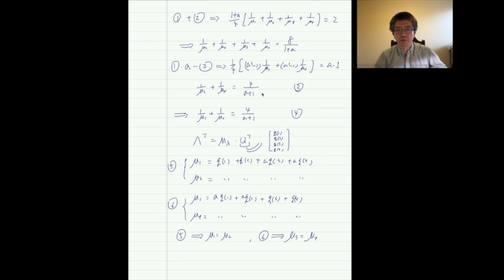Remember that we still have 3 and 4. Now we know these two are identical and these two are identical, therefore we can solve for the value of all the mu's.